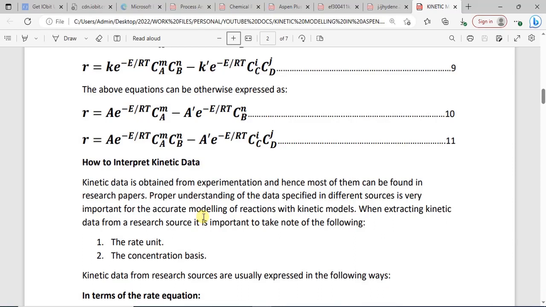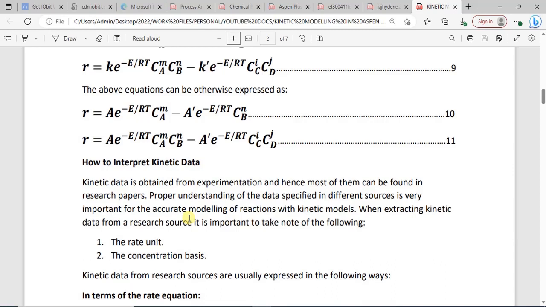Most of the time, if you are modeling a process and you want to incorporate kinetics into your model, then you most likely want to get your data from research, maybe research journals or papers. So now the issue is, how do you properly understand the data that you're getting from these papers? That is the next agenda in this particular tutorial.